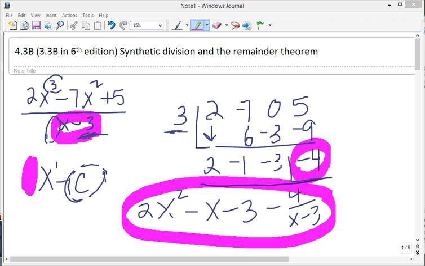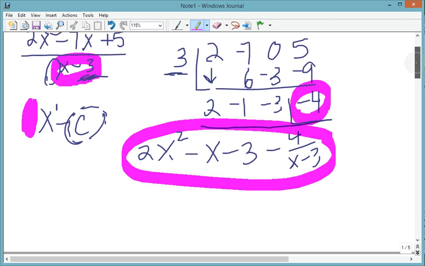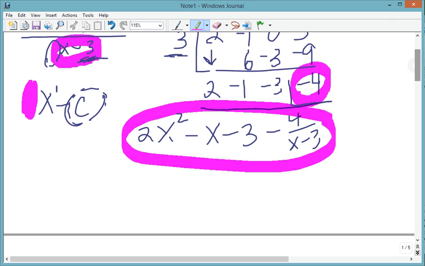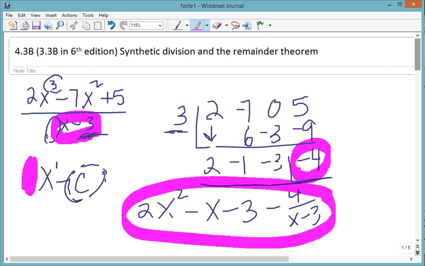Let's talk about that remainder for a minute, because there is this theorem called the remainder theorem. What it says is that if you do the synthetic division and you get a remainder, that is the same answer as if you just plugged in that number you were dividing.